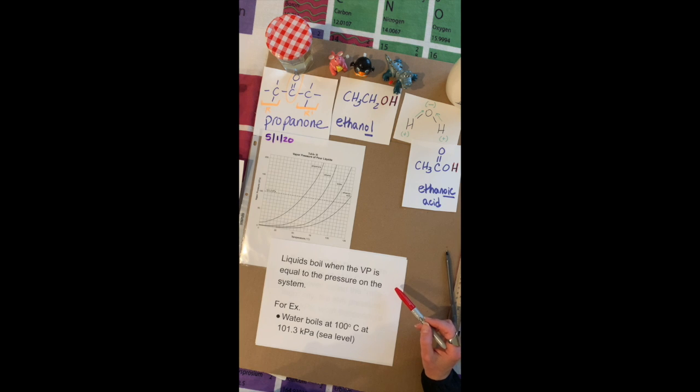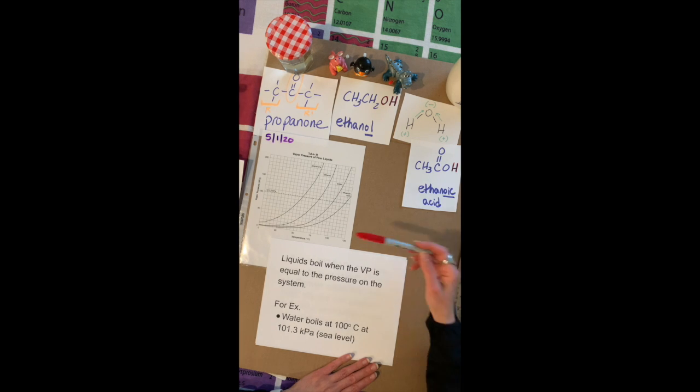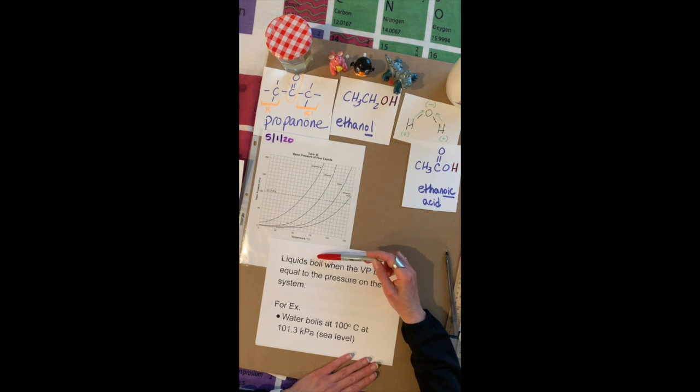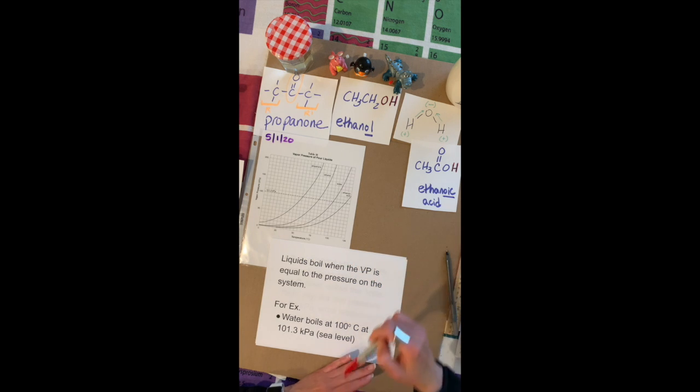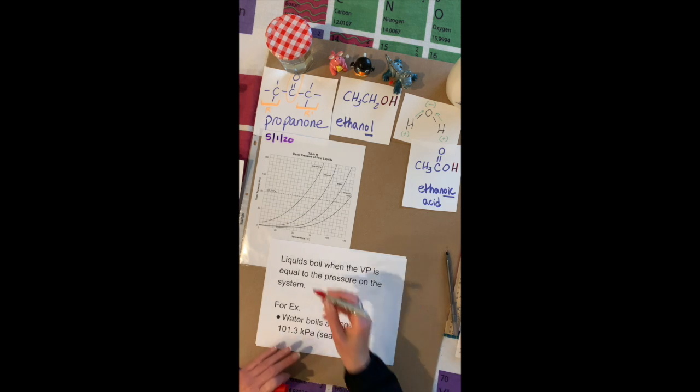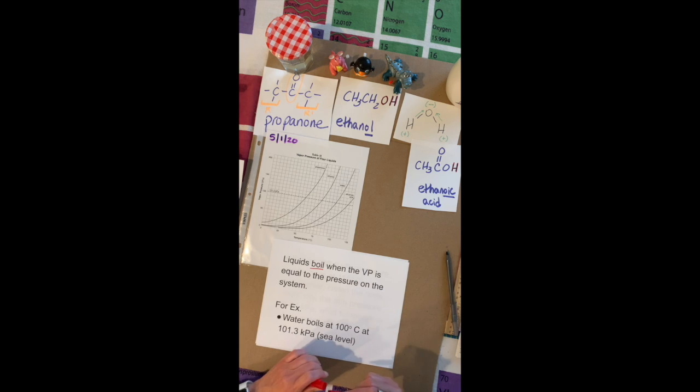Okay, so let's go on to another example. First of all, liquids and boiling. Liquids will boil when the vapor pressure is equal to the pressure on the system. That's actually really important. The boiling of a liquid occurs when the vapor pressure above that liquid is equal to the pressure on the system.